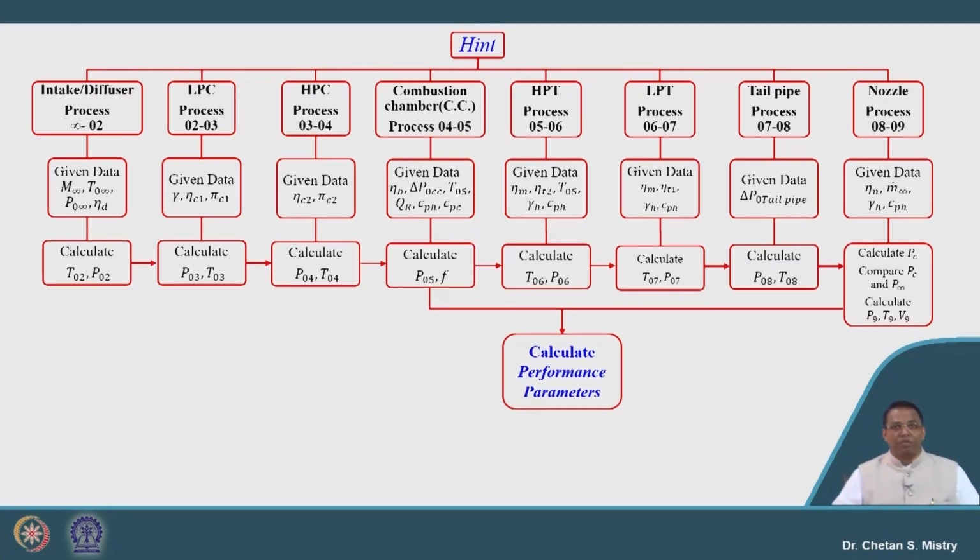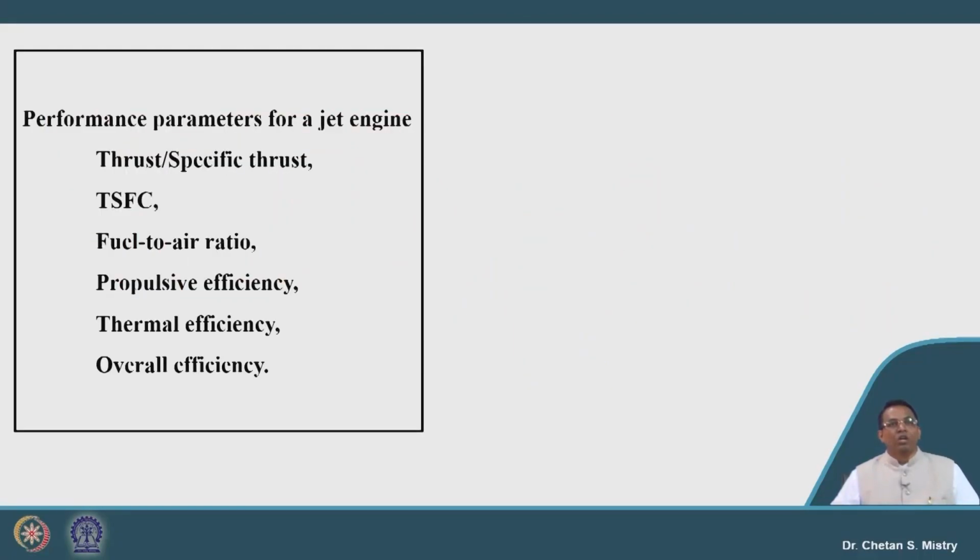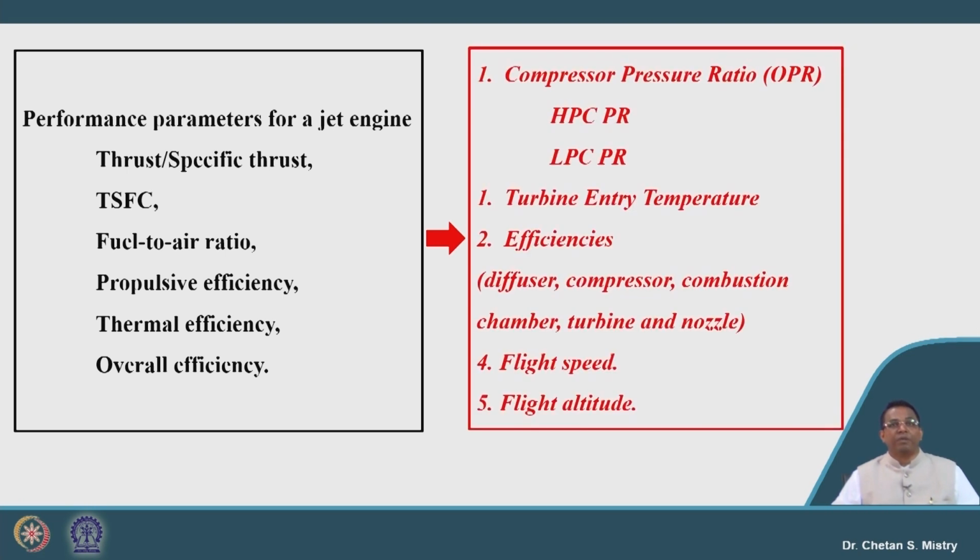Now let us move forward to the performance parameter calculation. The performance parameters, as we have discussed, are mainly thrust, specific fuel consumption, fuel air ratio, propulsive efficiency, thermal efficiency and overall efficiency. For the two spool configuration, these are mainly affected by the overall pressure ratio.